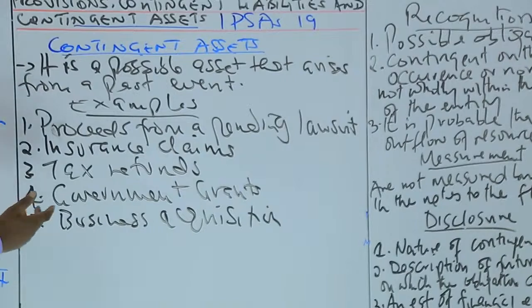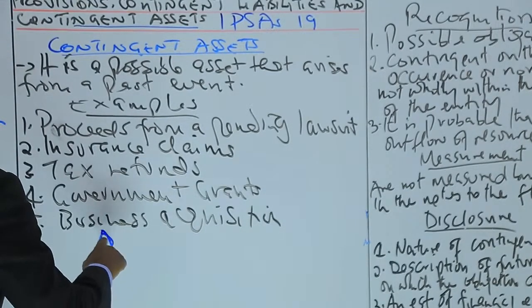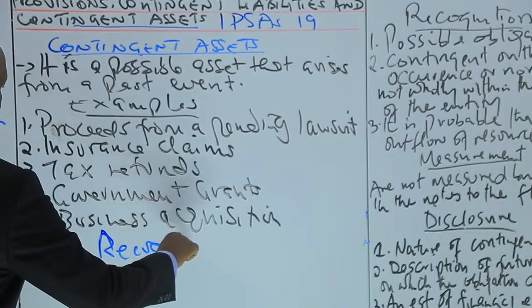And we've given examples. So we now move on to study recognition of contingent assets.